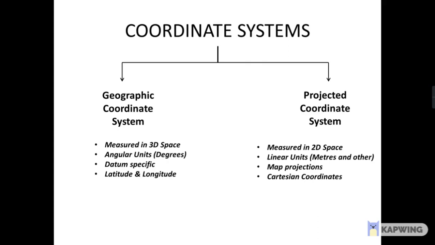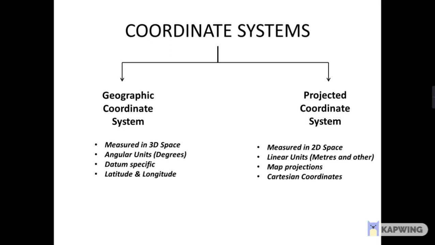So right now it is better to understand that the geographic coordinate system is measured in the form of angular units, whereas the projected coordinate system is measured in the form of linear units like meters or kilometers. And these linear units are expressed in the form of a Cartesian coordinate system.